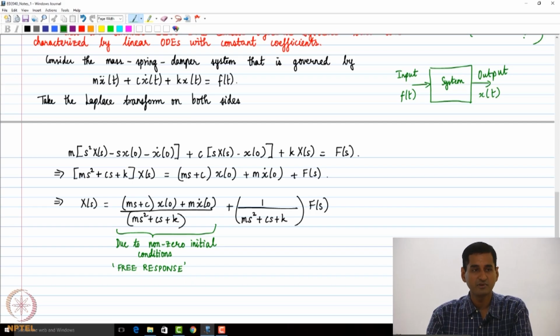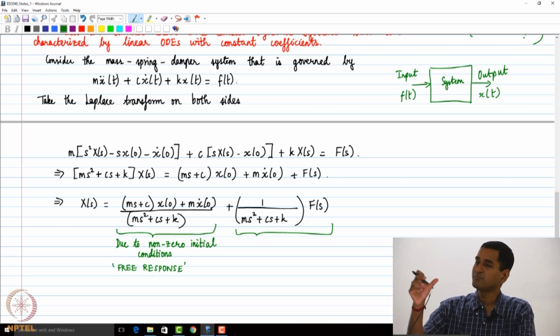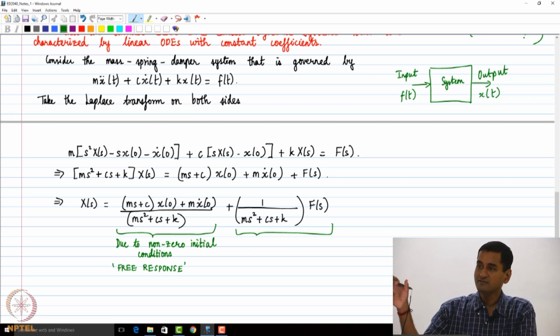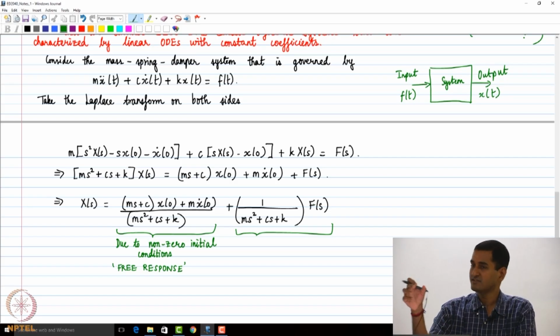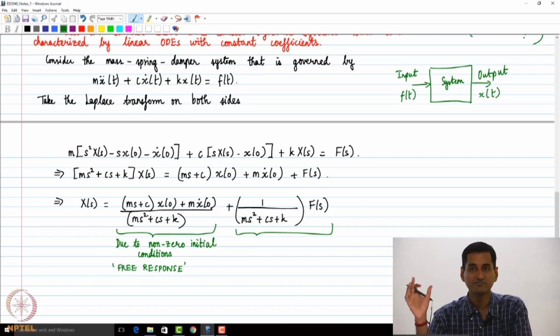okay? And the second part, one could observe, involves the input term, right? Because it's 1 by ms squared plus cs plus k times capital F of s. So that involves the input term F, which is the force. So what does that term provide me with? Suppose I apply a time varying force on the mass, if I keep on pulling and pushing it with some force, what is going to be the displacement of the mass, okay?